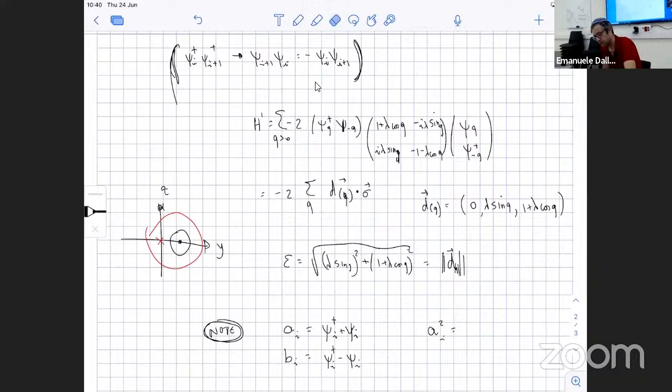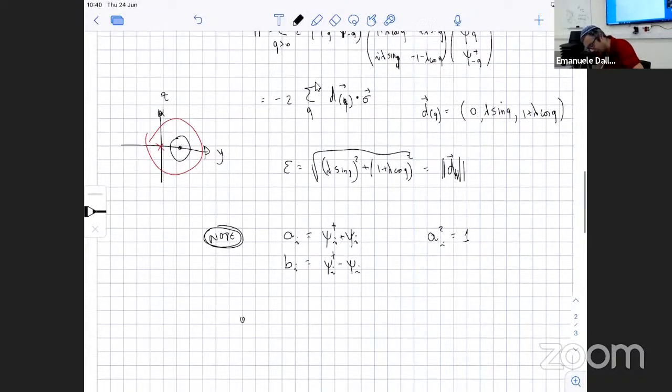They should anti-commute to 2. Sorry? The anti-commutation relation is just twice. Oh, so it's 1/2, you're saying? No, it's 1. So A squared is 1. Okay, let's check it. So what is A I squared? It is psi dagger plus psi, squared.